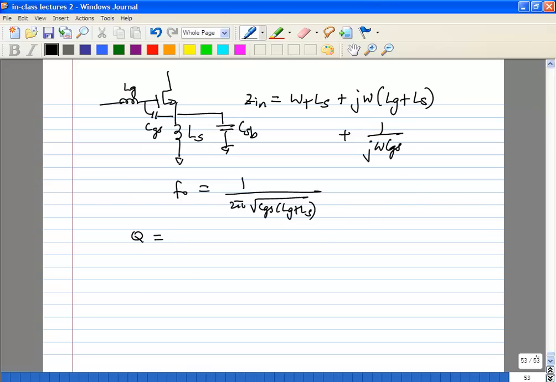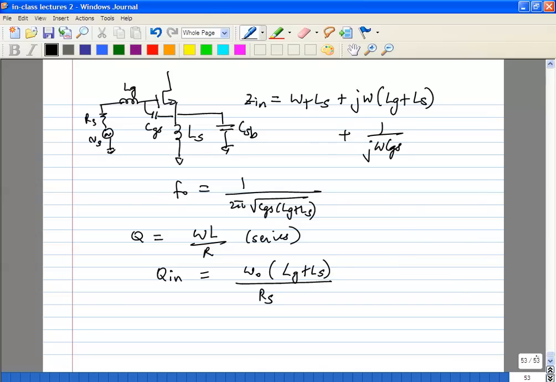Omega L by R. So in this case, remember, you still have RS, VS. That is the Q of the resonant network, right?